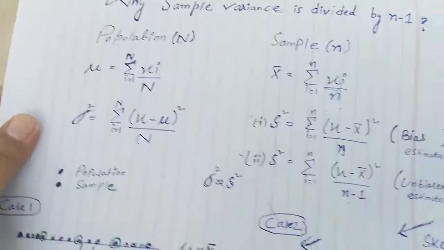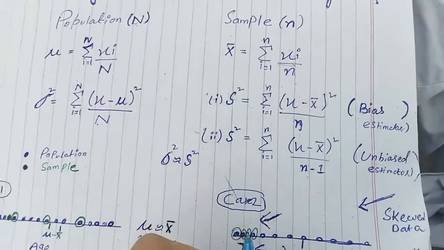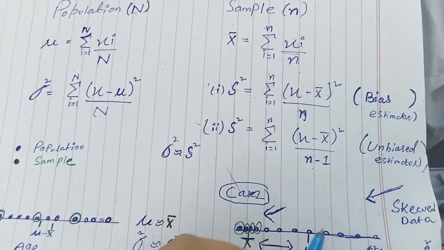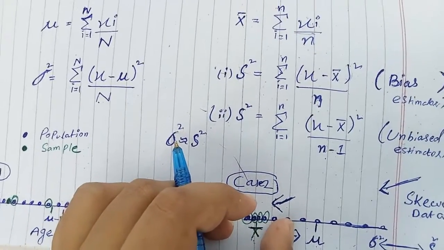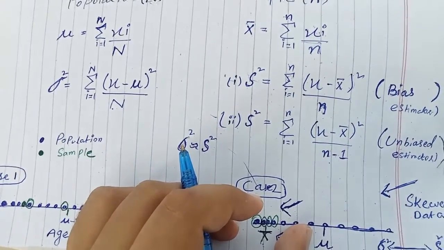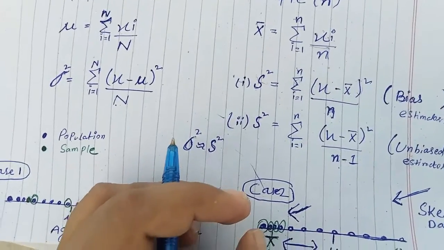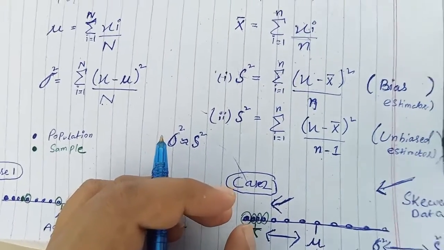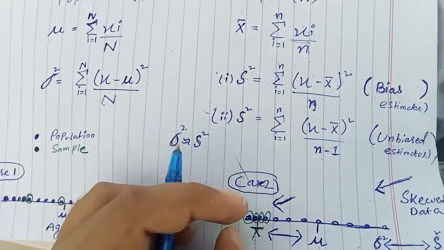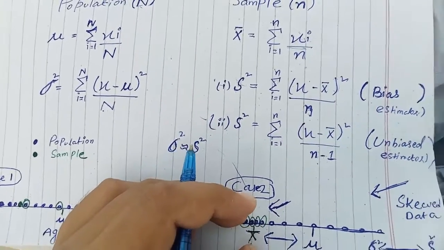Now, sometimes in a population, the data set is present in this way, where some skewed data is present. Unluckily, we take that skewed data set as a sample.